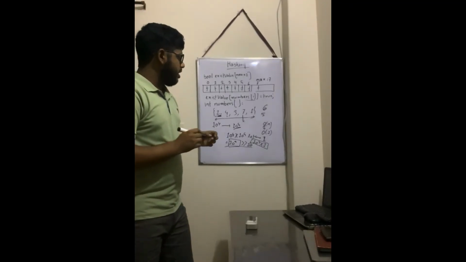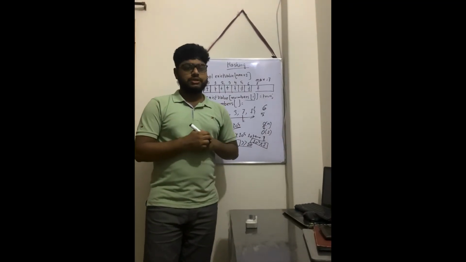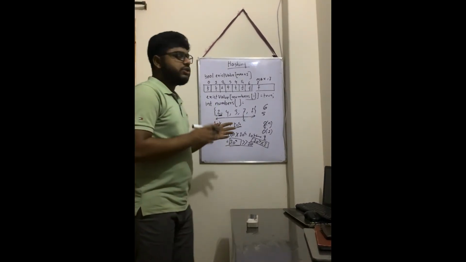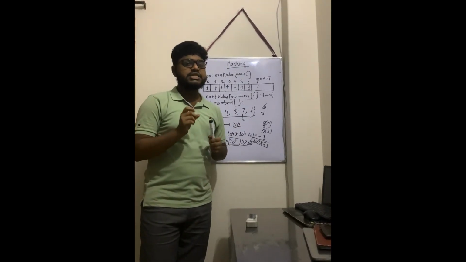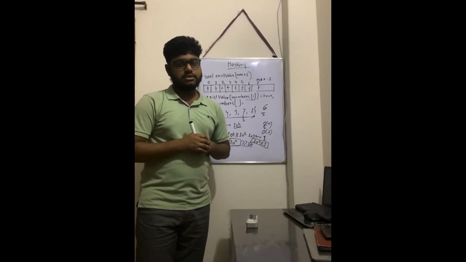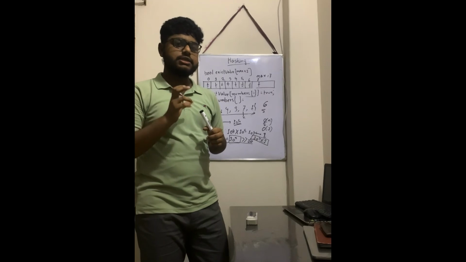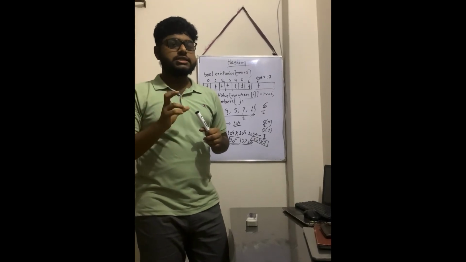Okay, there are some limitations of hashing. So what are the limitations? We have a limitation in memory initialization. If we initialize an array, we can just initialize a size of 10 to the power 6.